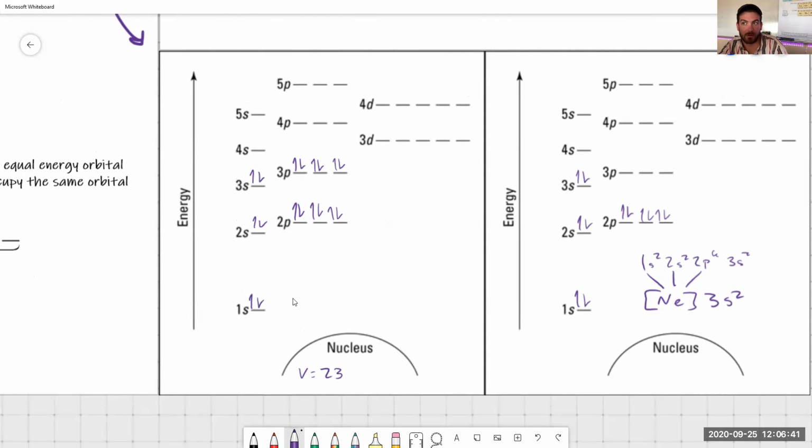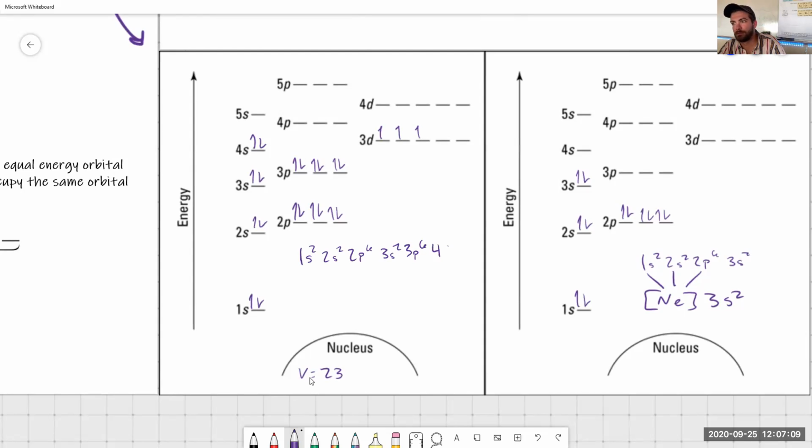It's lower on the scale. So then I go from here, I jump to 4s2, right? I lost track of how many I just applied, but I think it's 2, 4, 6, 8, 10, 12, 14, 16, 18, 20, 21, 22, 23.